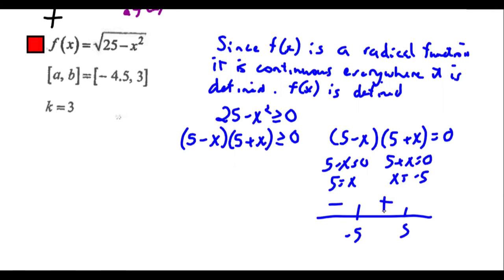Choose something greater than 5. Try 7. 7 squared is 49. 25 minus 49 is negative. Now I want it greater than or equal to 0, so I only want the ones equal to or greater than 0. So f of x here is defined from negative 5 to 5. That is the domain of this function.